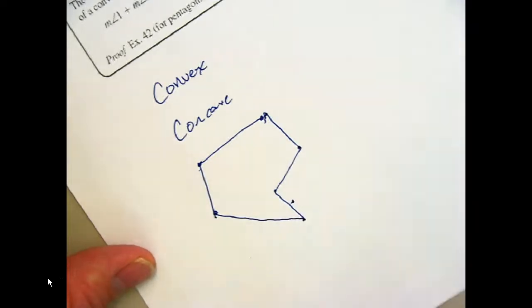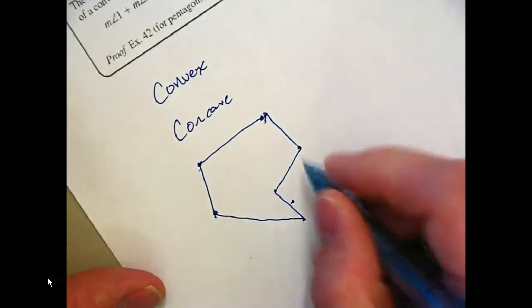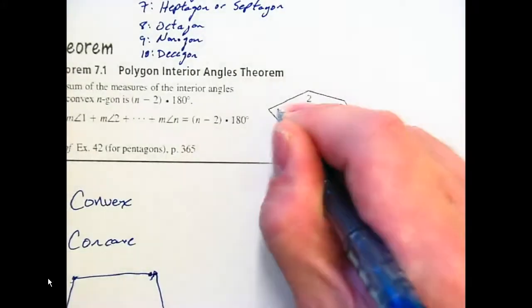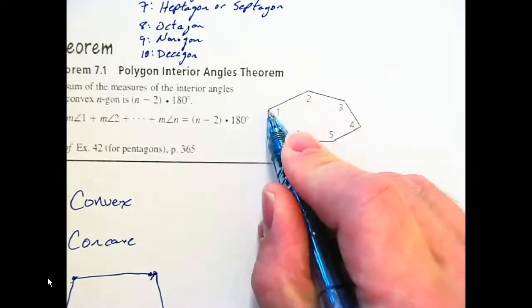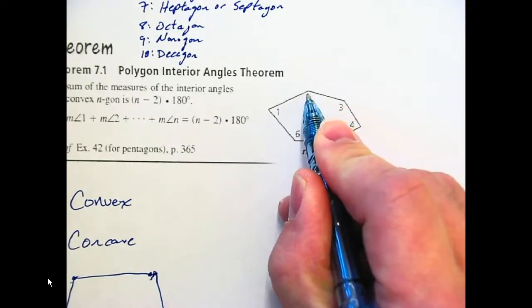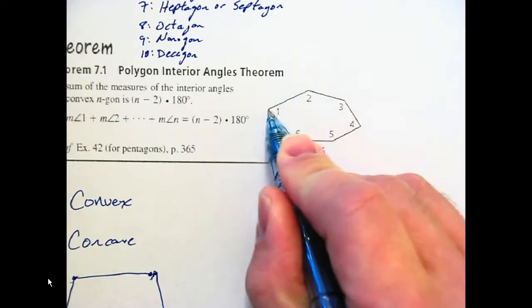The other way, like the technical math way, they'll say, hey, if a diagonal lies outside of the polygon, then it is concave. Well, a diagonal means, like, if I'm drawing diagonals for this shape right here, is 1 to 2 a diagonal? Okay, let's go back.